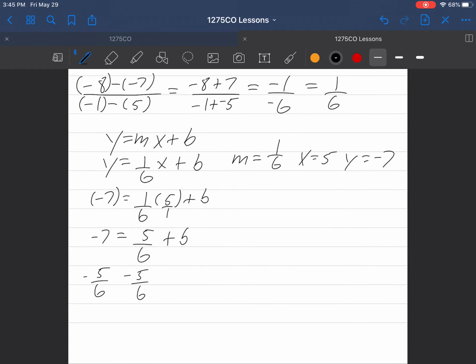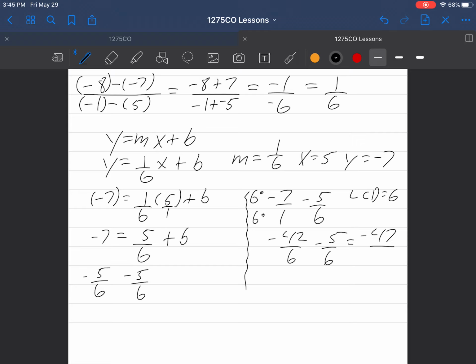So off to the side over here, we're subtracting fractions. -7/1 minus 5/6, right? This is going to require a least common denominator of 6, which means that -7/1 is going to turn into -42/6. And if we subtract -42 minus 5, that becomes -47, and the common denominator carries through.